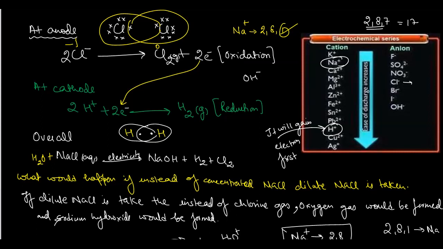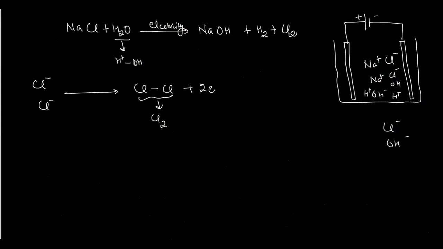And these two electrons that were coming from these two Cl minus ions will be added to the H plus ions. H plus ion will get these two electrons. So at the cathode, the negatively charged rod, we have two positively charged ions, one is sodium, another one is the H plus ion. Na positive ion will not gain the electrons because it needs more energy to gain electron.